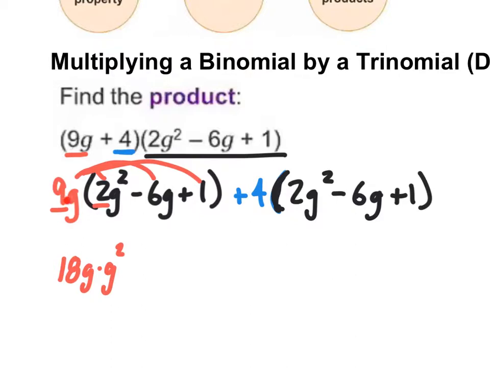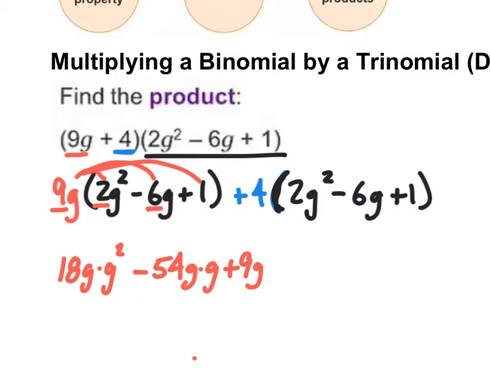Then I'm going to do 9g times negative 6g. 9 times negative 6 gives me negative 54, and then g times g. And then I'm going to take 9g times 1, so I get plus 9g, okay?